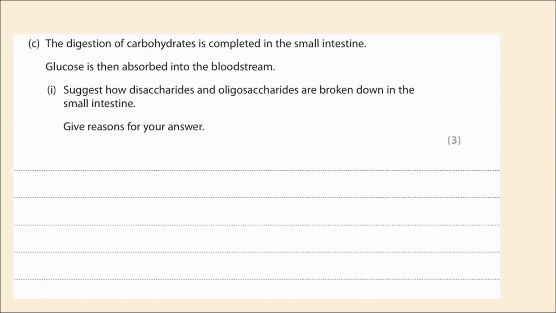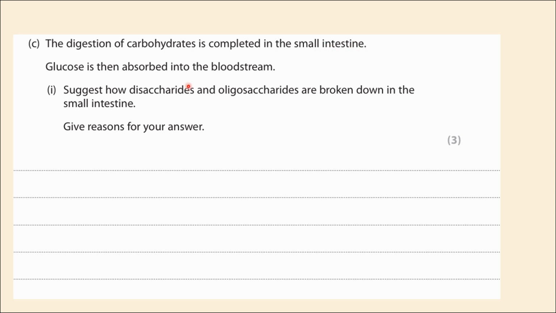The next question states that the digestion of carbohydrates is completed in the small intestine, where glucose is then absorbed in the bloodstream. While starch digestion begins in the mouth, it doesn't fully break down carbohydrates into their monosaccharides. Instead, further digestion occurs in the small intestine.